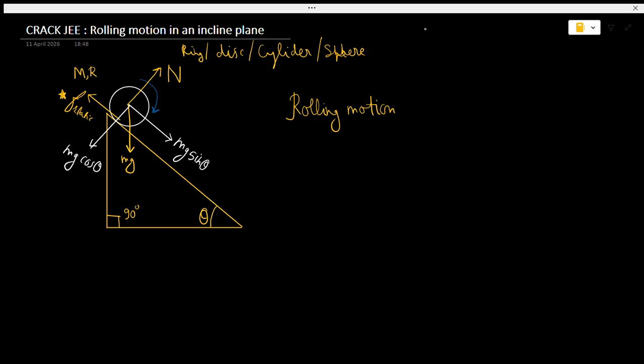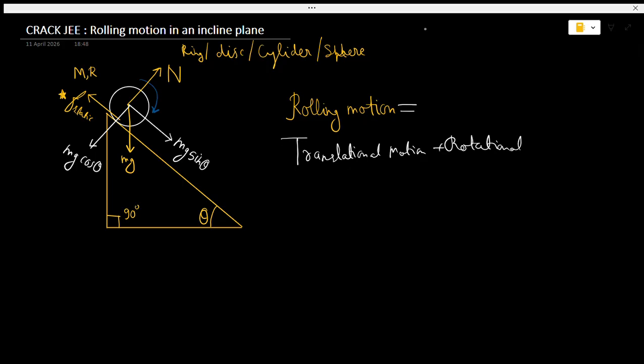Now in rolling motion, there are two types of motion happening together, which is very interesting. The first one is translational motion, and the next one is rotational motion.